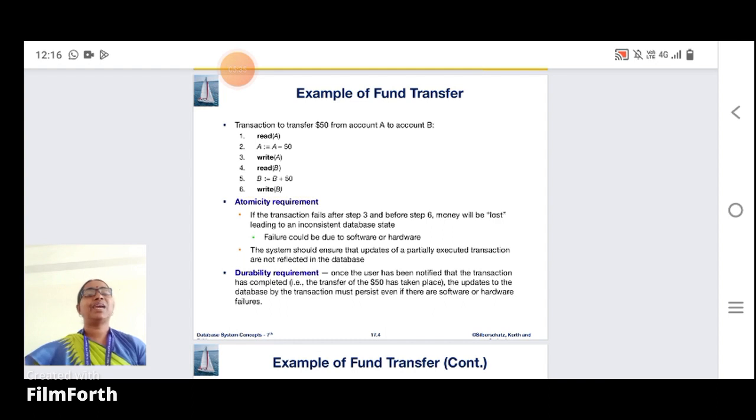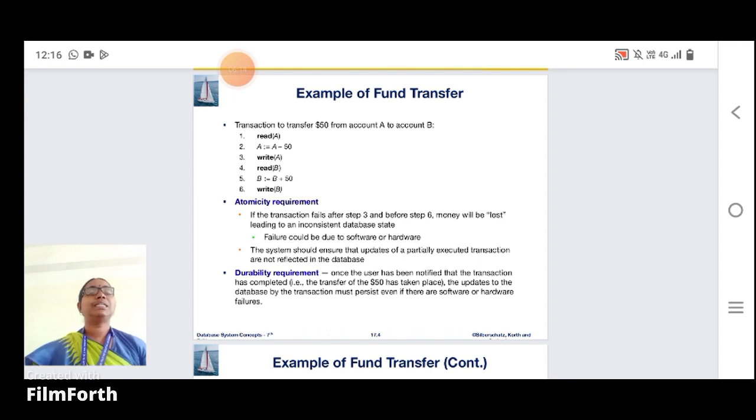If the database fails in the middle, it is rolled back: whatever database updates happened are all undone, and it returns to the initial state. So the atomicity requirement says the transaction should be entirely completed, or none of it should be executed, or if it fails in the middle, it should return to the initial state.